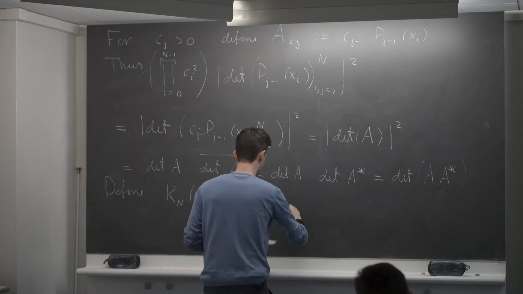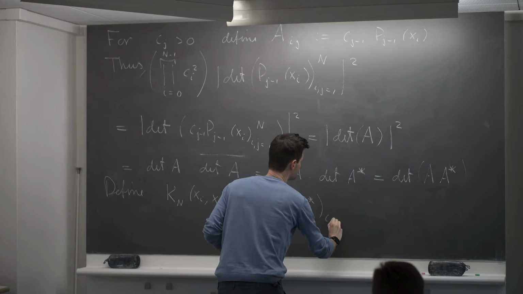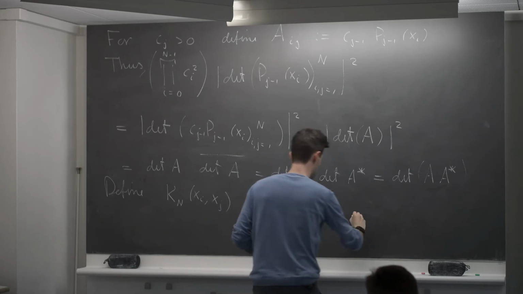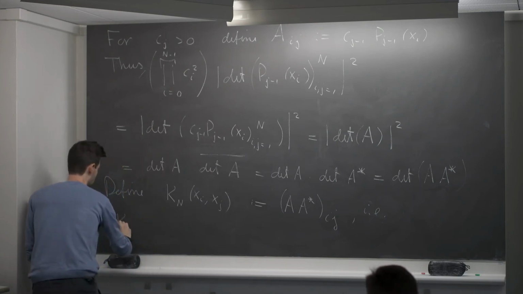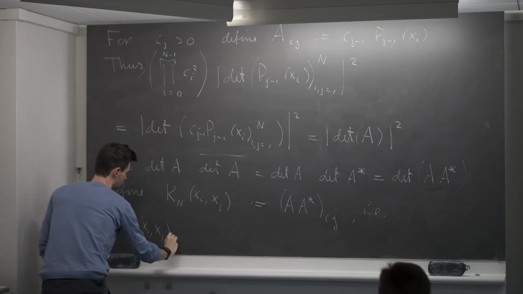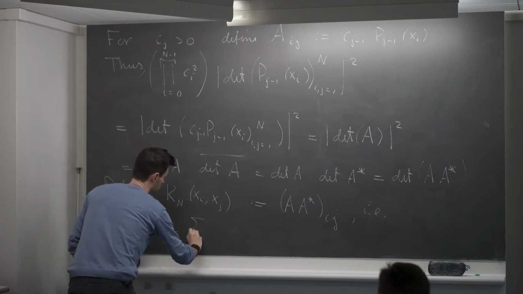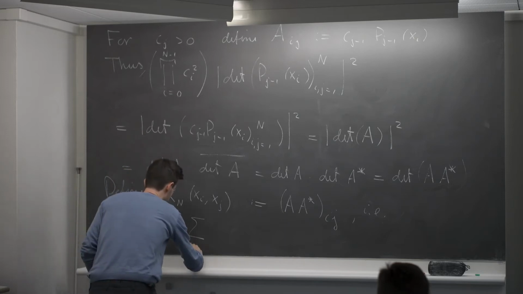And so this is by definition A times A star ij. So more precisely, Kn of xi, xj is equal to the sum of, let's say, k, it goes from 0 to n.